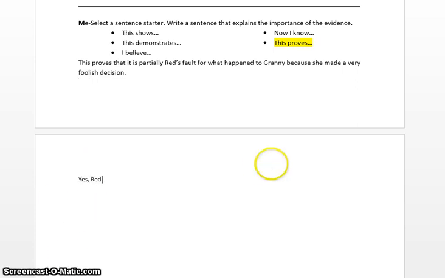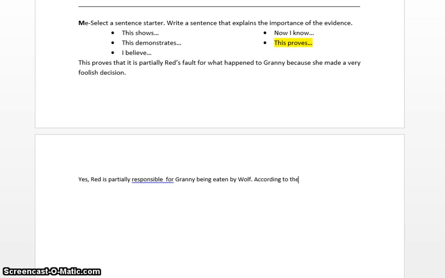Yes, Red is partially responsible for Granny being eaten by Wolf.